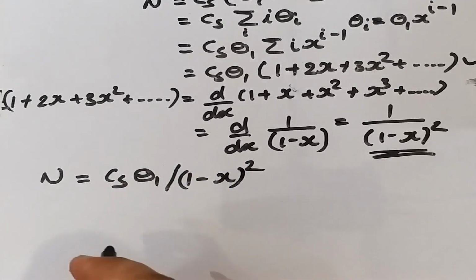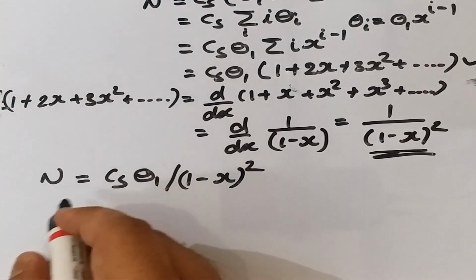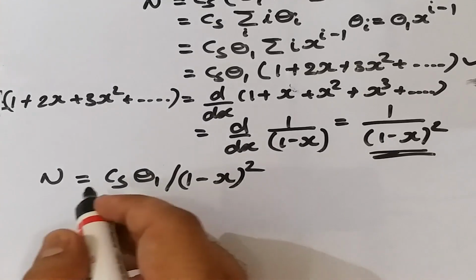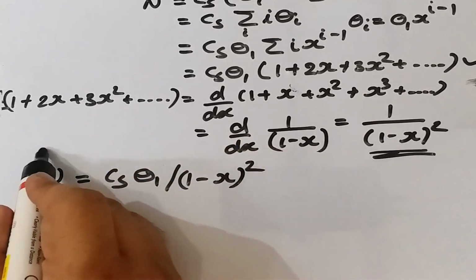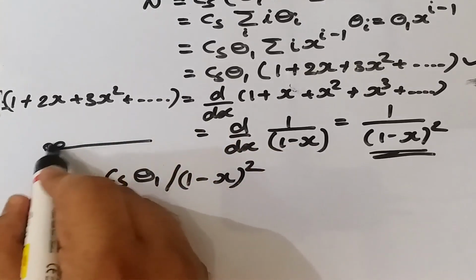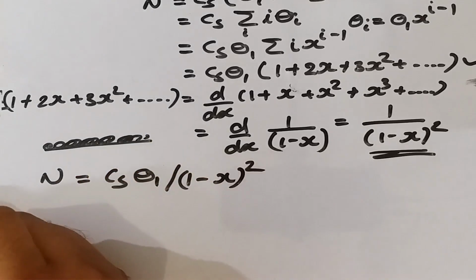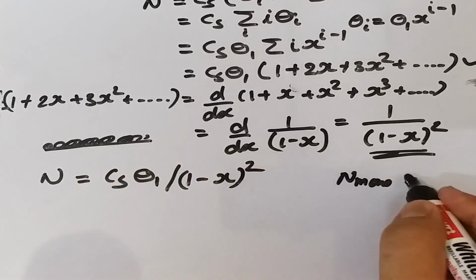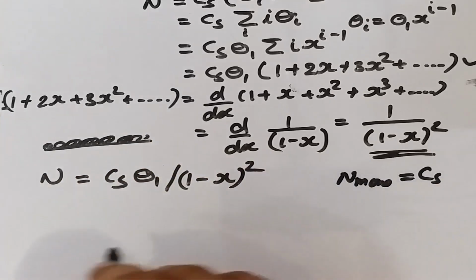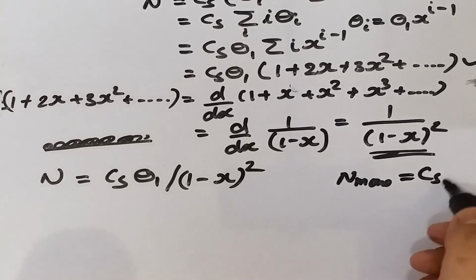Okay, so this is the expression for the total number of molecules. And suppose we have an adsorbent, and if the entire surface is covered by a monolayer, then at that time the total number of molecules on the monolayer will be equal to Cs, where Cs we know is the total number of surface sites per unit mass.